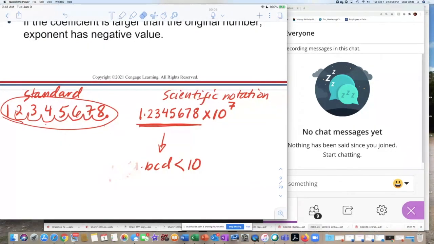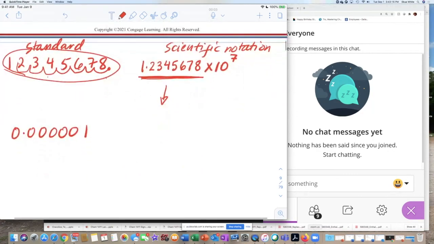Okay? If I had a different scenario, say I had 0.000001, and I were to convert this standard number to scientific notation. This time my number starts off with a decimal point. Now I have to move my decimal not left but to the right until I have one non-zero number to the left of the decimal. So I'm going to move it 1, 2, 3, 4, 5, 6, right?